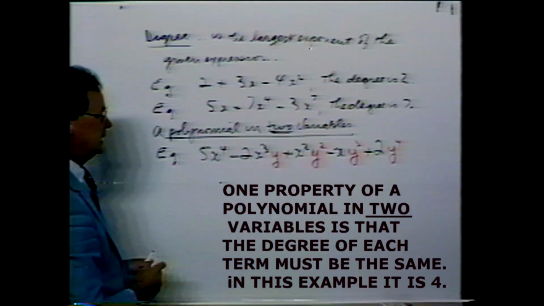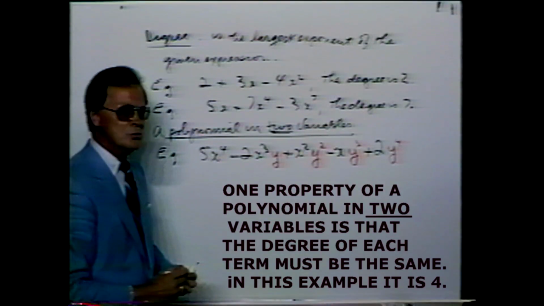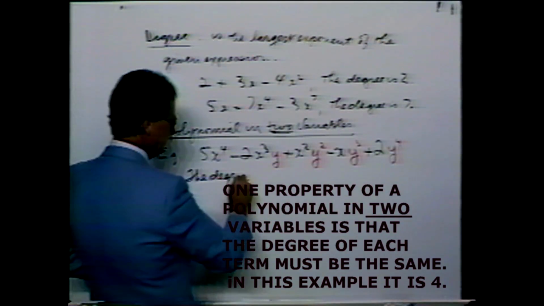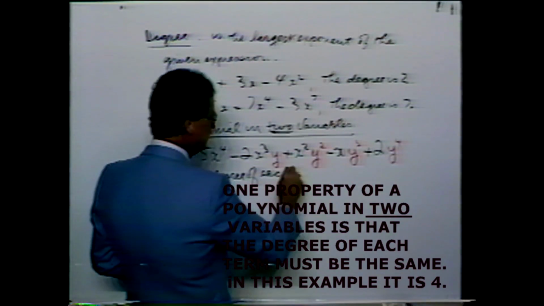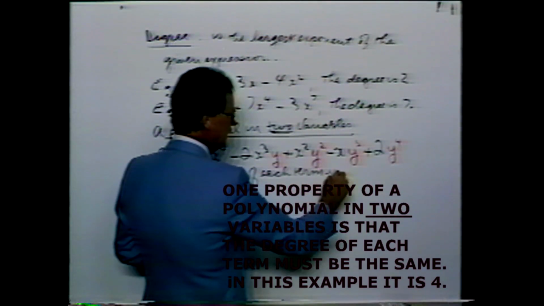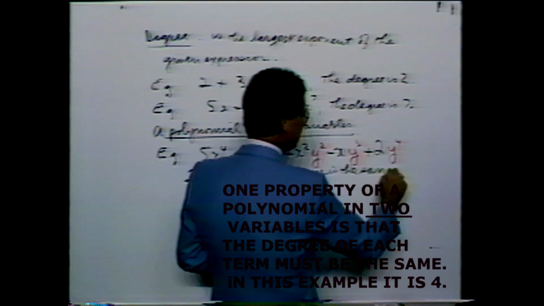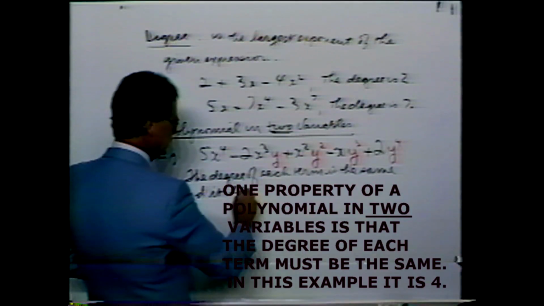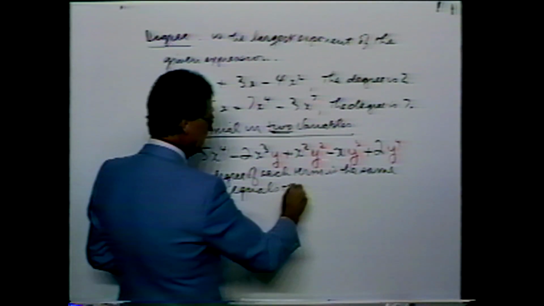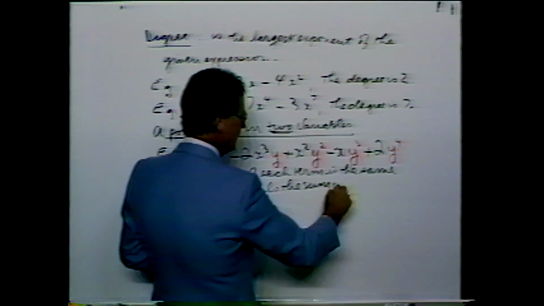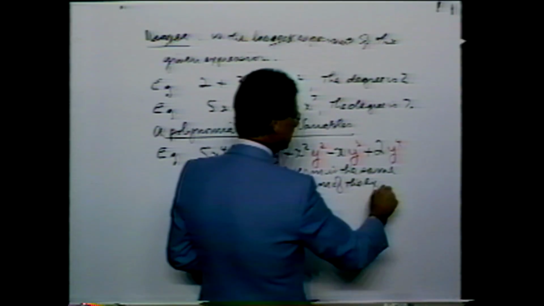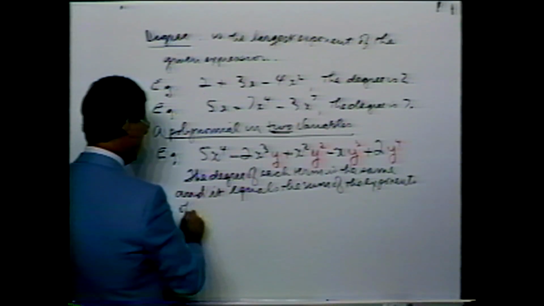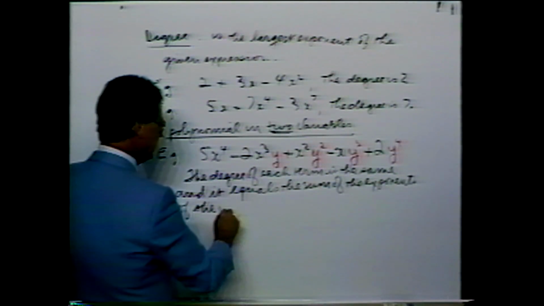So another property is that in a polynomial in two variables, the degree of each term is the same, and it equals the sum of the exponents of the variables.